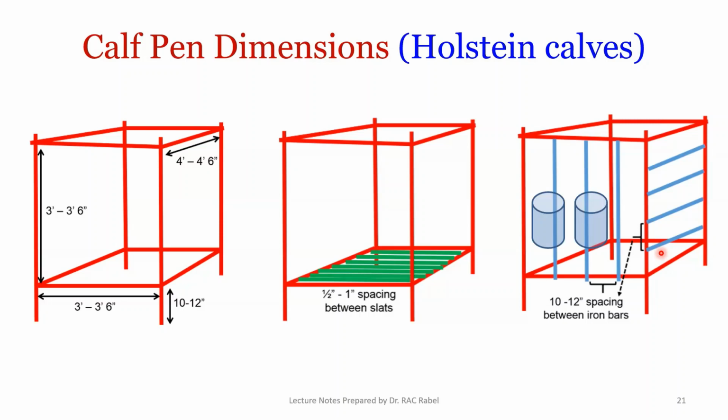Same goes with bedding, right? Now we usually say sand is the best bedding. Typically the bedding materials available to us are sand, straw, wood shavings, or rice hull.